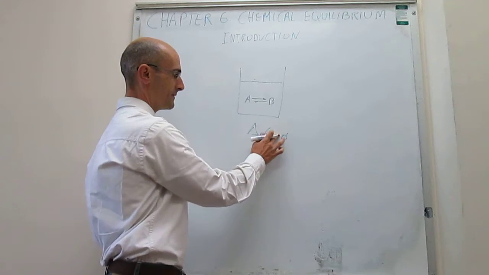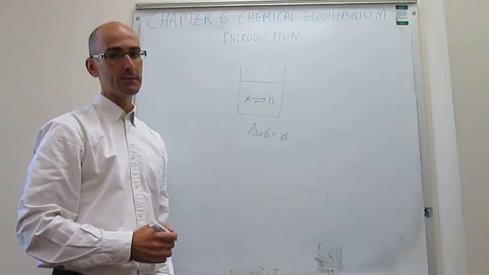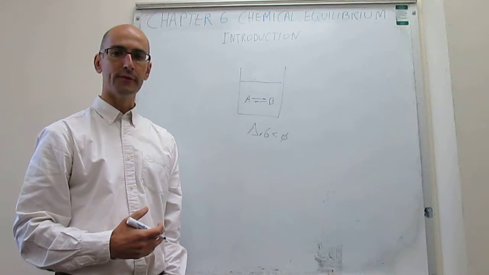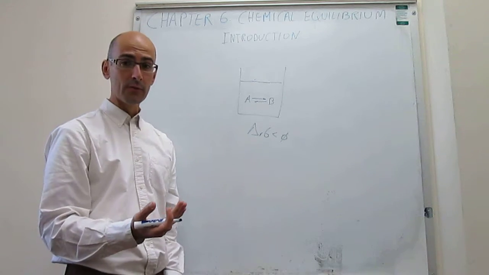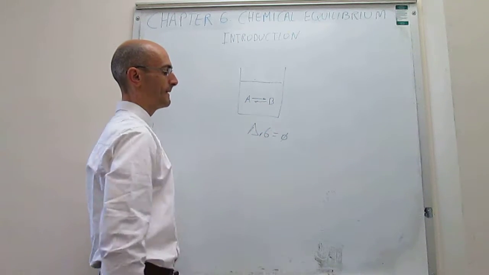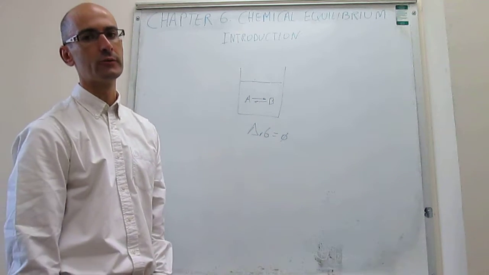If it happens to be negative, then the reaction will be spontaneous, and we might be able to extract some energy as work from that process. And then the point of equilibrium, which is the title of this chapter, would happen when the Gibbs energy is equal to 0.